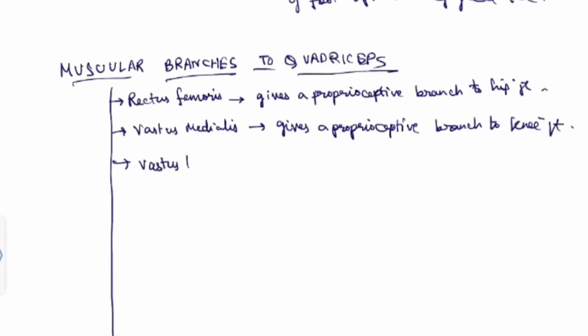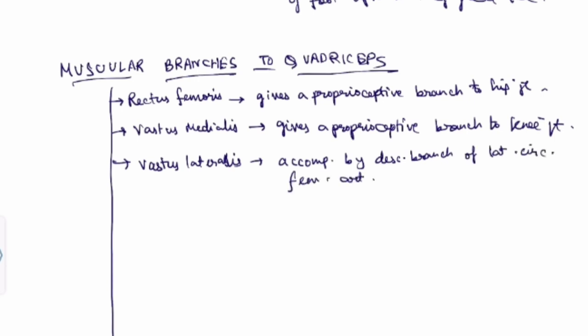Nerve to vastus lateralis. This is accompanied by the descending branch from the lateral circumflex femoral artery and gives an articular twig to the knee joint.